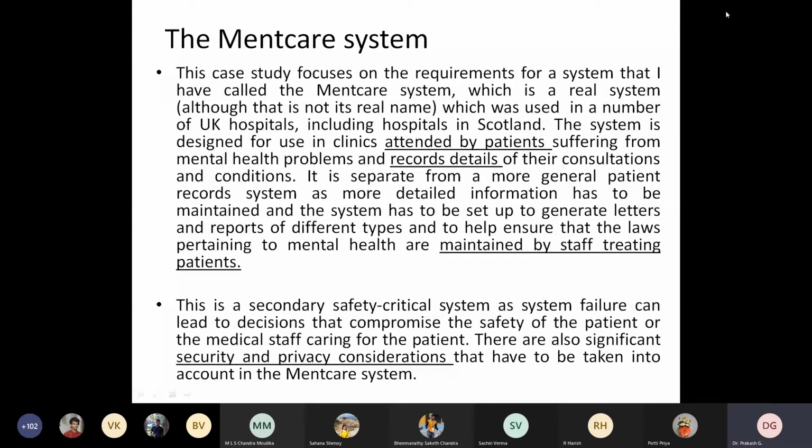Okay, now time is up. What did you understand from this case study? Shall anyone tell me?